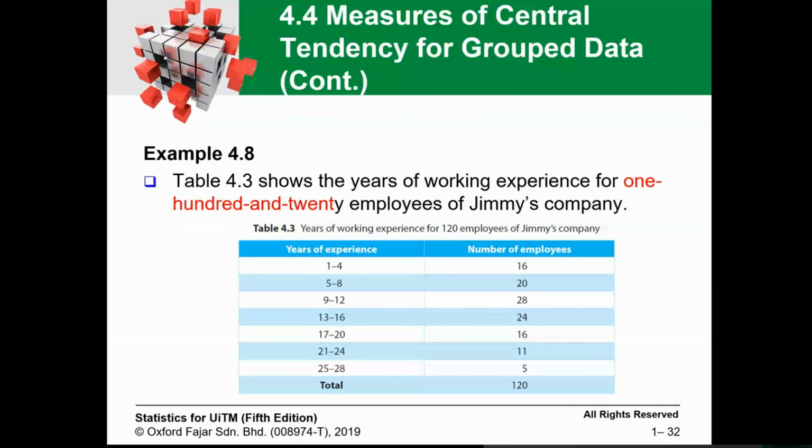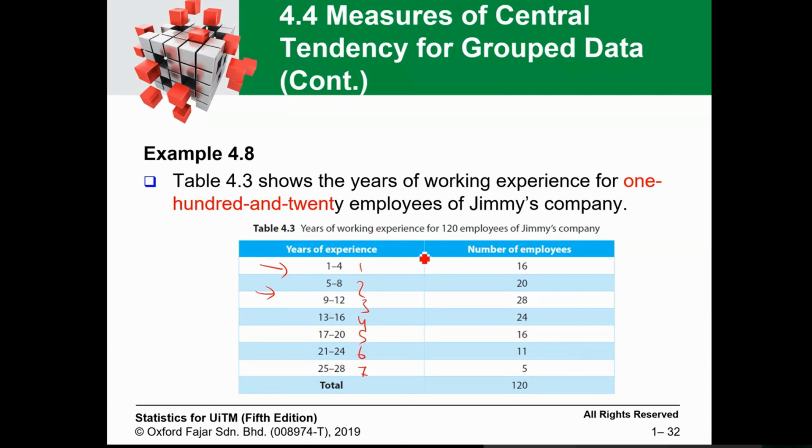This is our example. Let me explain this example in the Excel sheet. This table shows the years of working experience for 120 employees of Jimmy's company. In this example, we have the intervals, group 1, group 2, group 3, 4, 5, 6, 7.